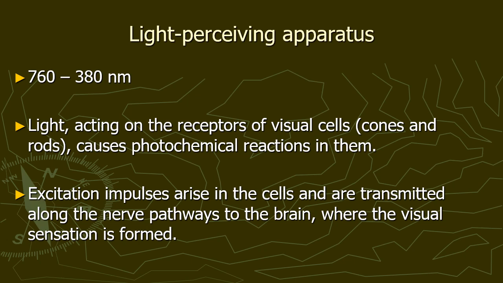The light-perceiving apparatus of the eye is represented by the retina. The thickness of the retina ranges from 500 to 50 micrometers. As for the structure of the retina, in the center, where we have the yellow spot, there are only cones.